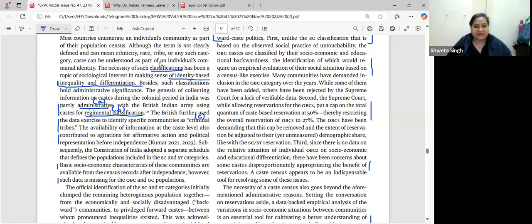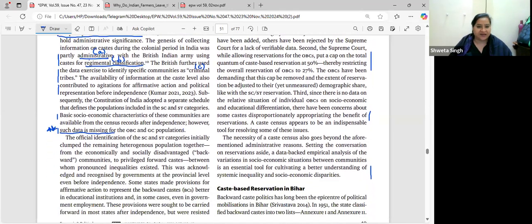And when we talk about the present situation, we can see that the socio-economic characteristics of the communities, when available from census records after independence, such data went missing. So this is the background: we did have some data related to the SC/ST category.